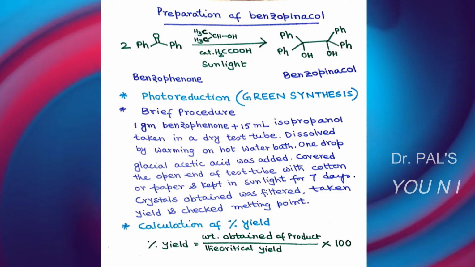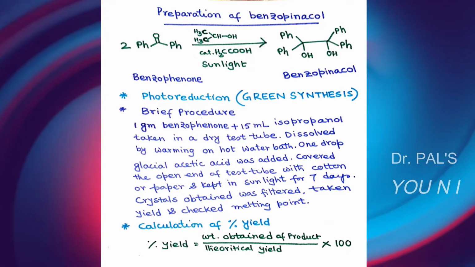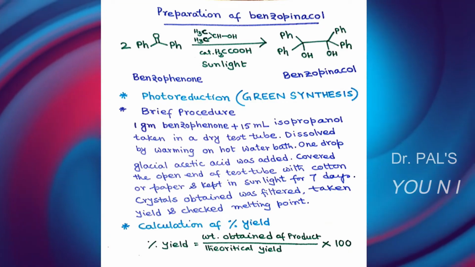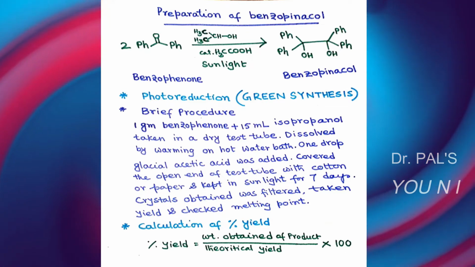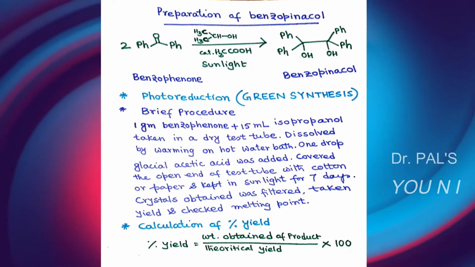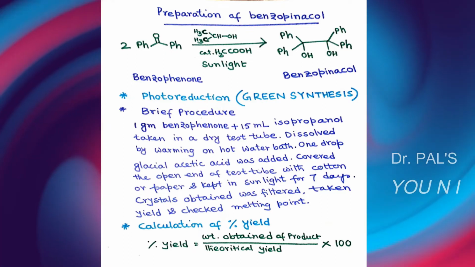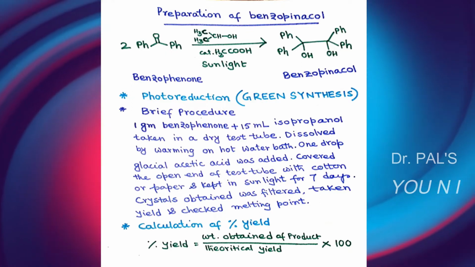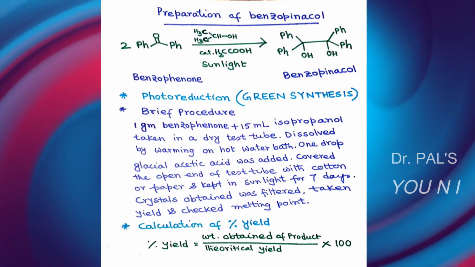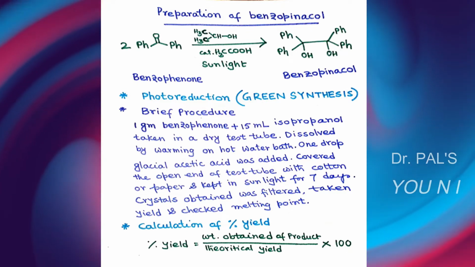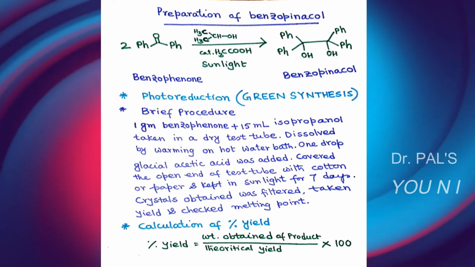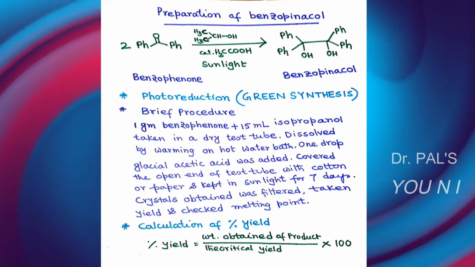After that, 1 drop of glacial acetic acid can be added. After adding this 1 drop of acetic acid, the test tube can be covered with cotton or paper and kept in bright sunlight for 7 days.